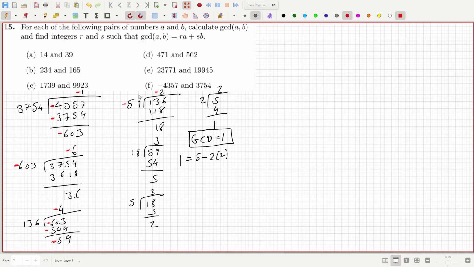If that was a minus, it would multiply to make that the plus. So that's 18. But then that would have to be a minus. So when that multiplies that, it makes a minus there. So that would be the plus. Minus 59. Minus 3.